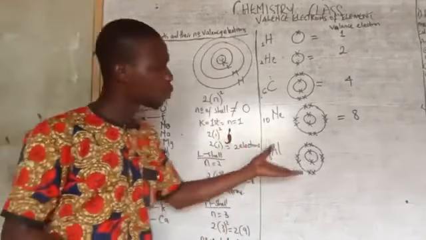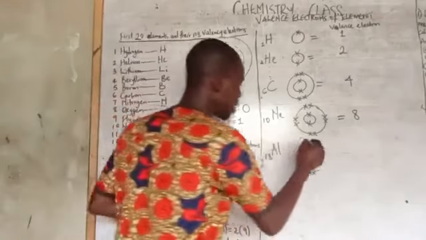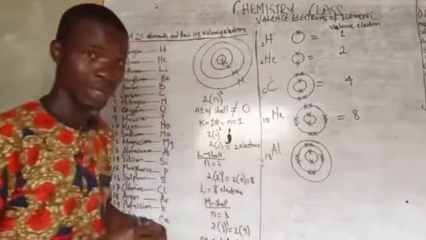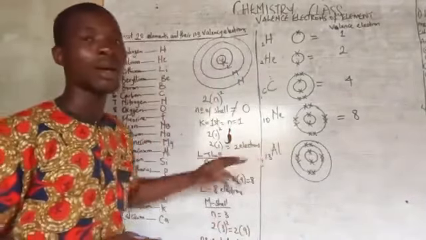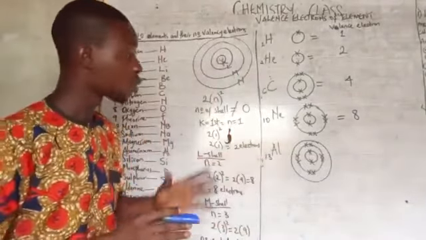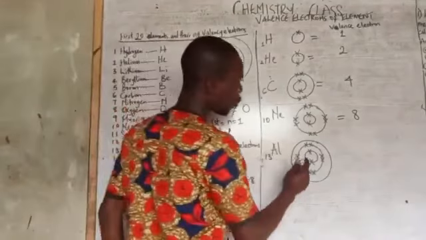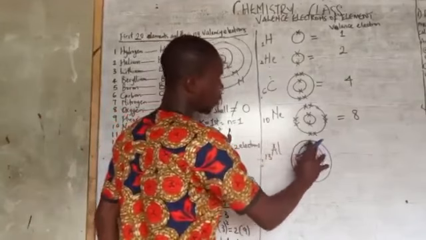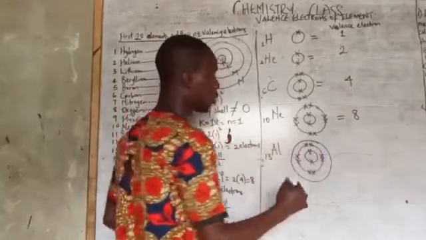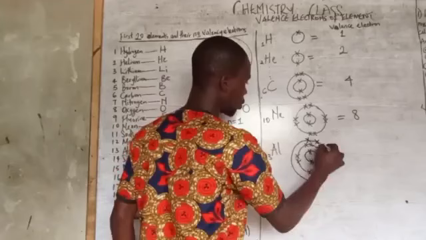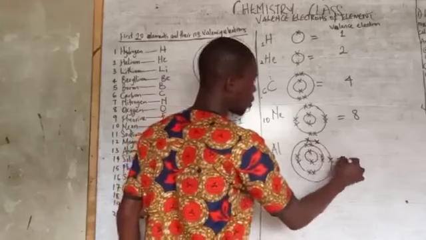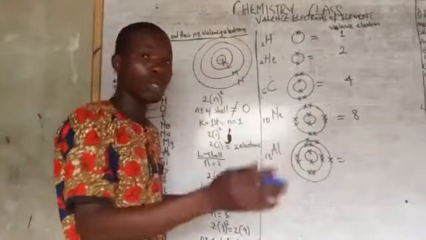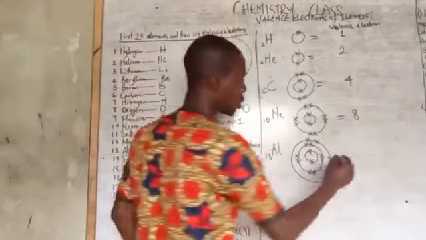However, if we put 18 electrons in the next shell, it makes it meaningless, since we know aluminium has 13 electrons. So the next shell would occupy the remaining electrons. 2 here, 8 here, making 10, remaining 3 electrons. So the valence electron of aluminium, which is the outermost shell, contains 3 electrons.